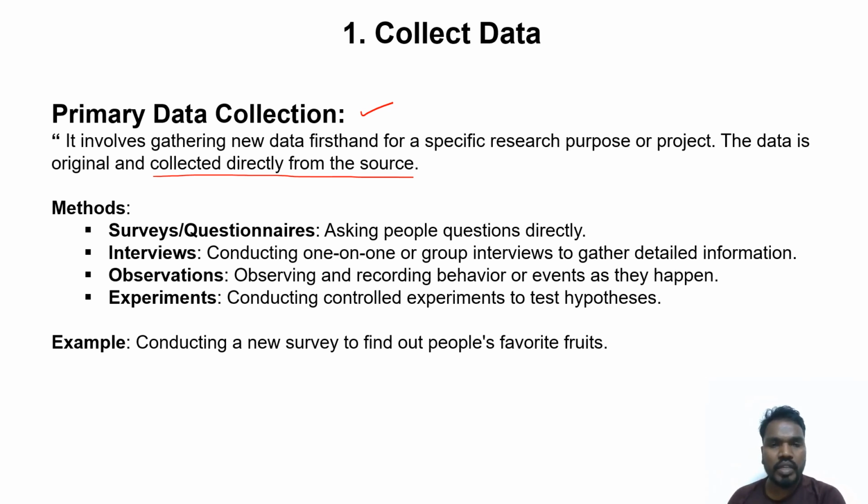And interviews, conducting one-to-one or group interviews to gather detailed information. And observations, simply observing or recording behavior or events as they happen. And experiments, where we do some experiments in a controlled environment to test a hypothesis, right? So this is the way we collect the data.